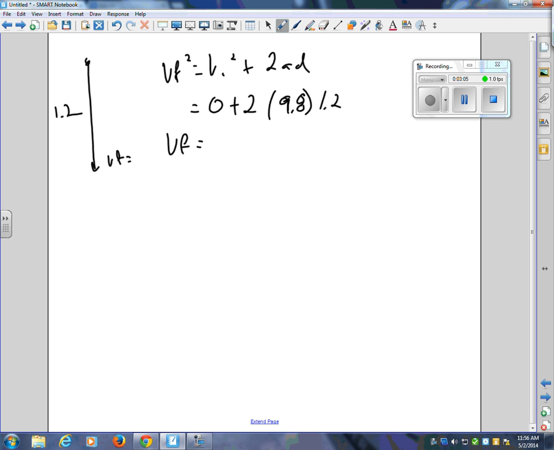That's true, you're absolutely right, Mike. So 2 times 9.8 times 1.2, and take the square root of that. I get 4.8. Is that correct? Yes, sir. 4.8 meters per second is the speed when it hits the floor.